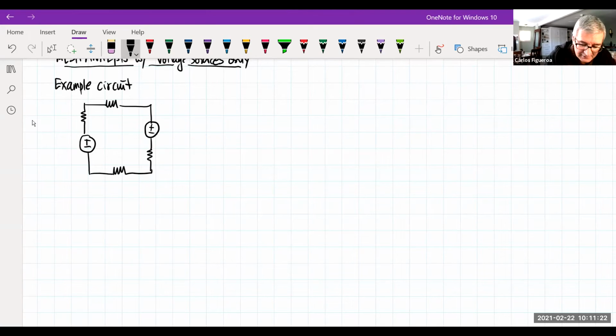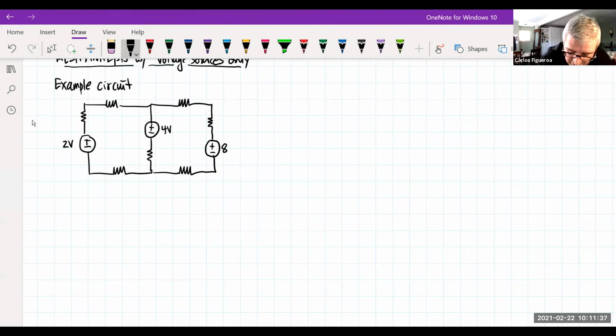I'm trying to make this messy. And what you're seeing here is that there's a fair number of resistors, right?